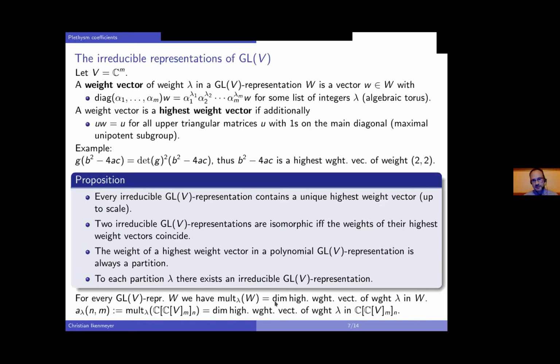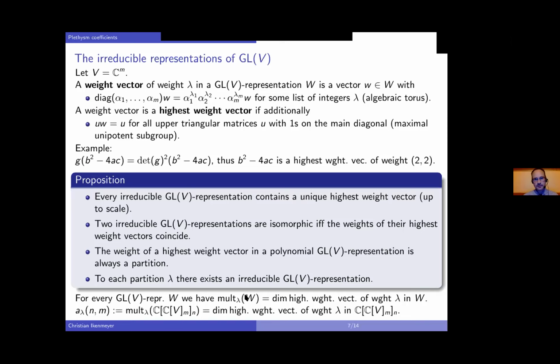They are still dimensions, but they are dimensions of highest weight vectors of specific weights. Okay, so you are varying lambda and you get different highest weight vector spaces and you take their dimensions. And we call those multiplicities because if you decompose W into a sum of irreducibles, the multiplicity will tell you how often the irreducible appears in the decomposition. That's where the name comes from.